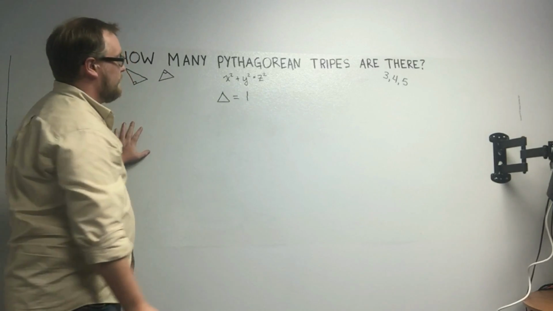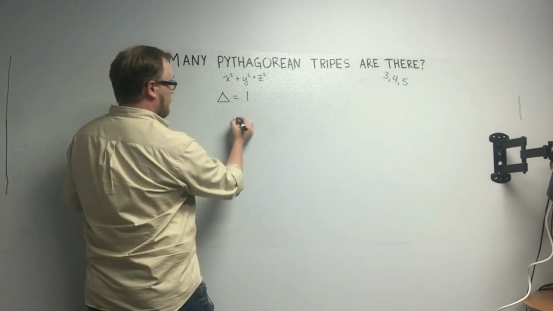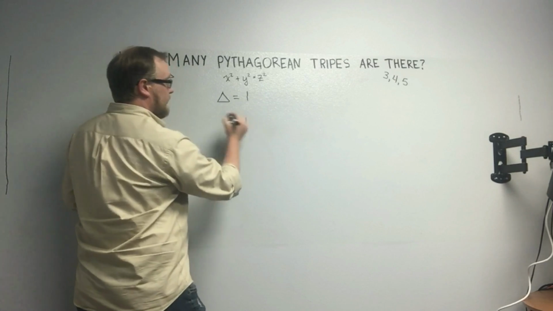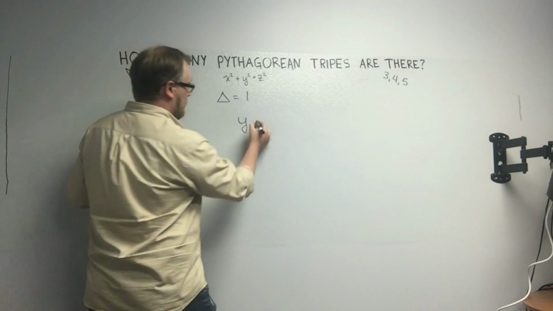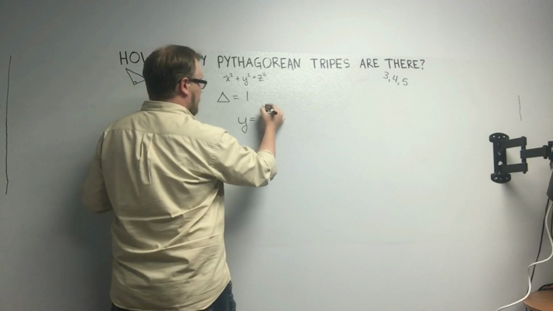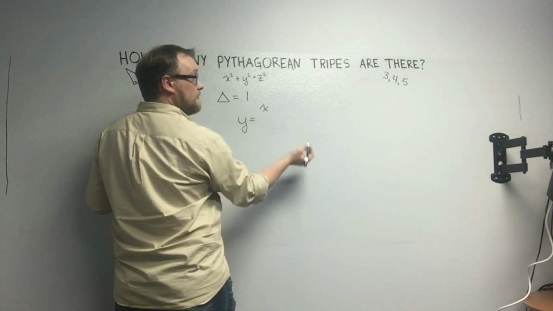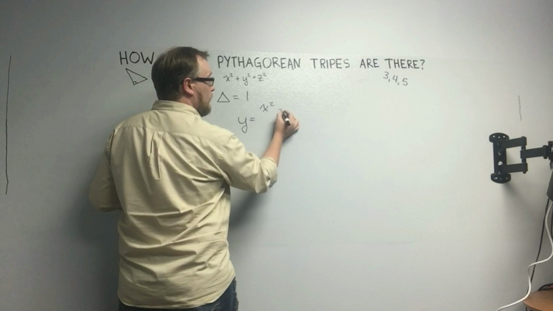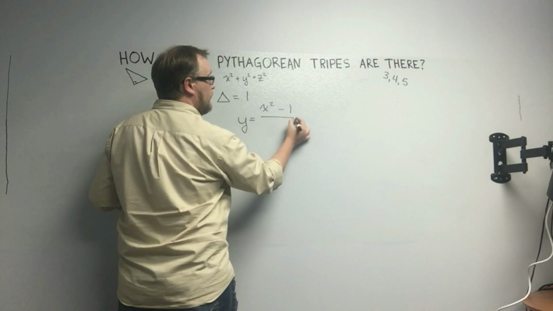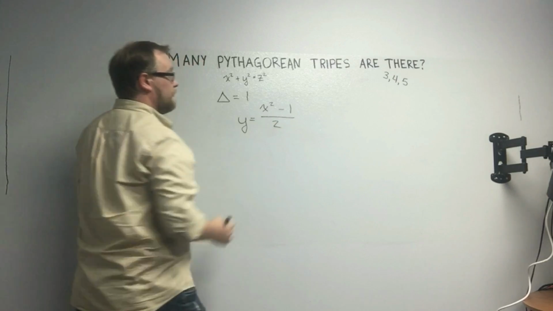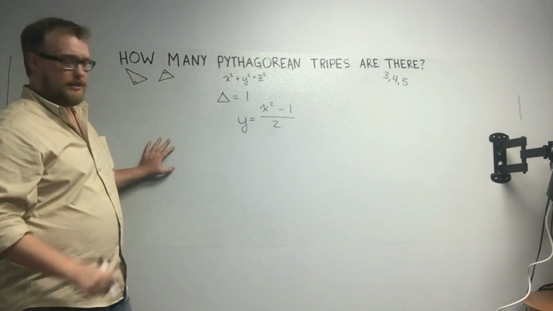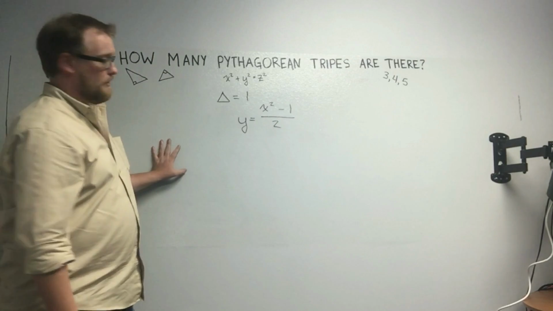So we can write this cool little formula: y equals x squared minus 1, all divided by 2. Interesting little thing. It makes a parabola. Kind of cool.